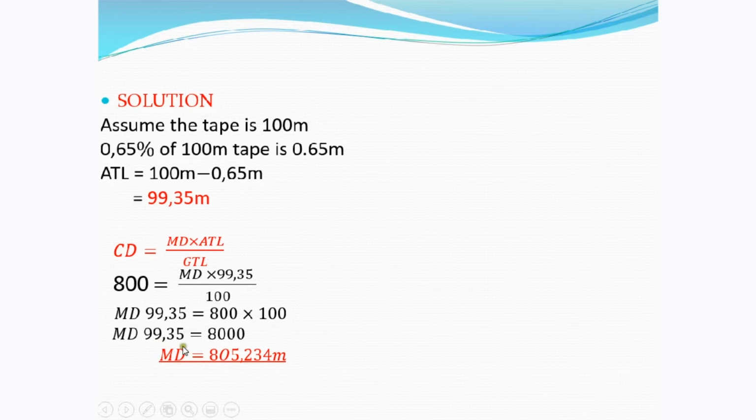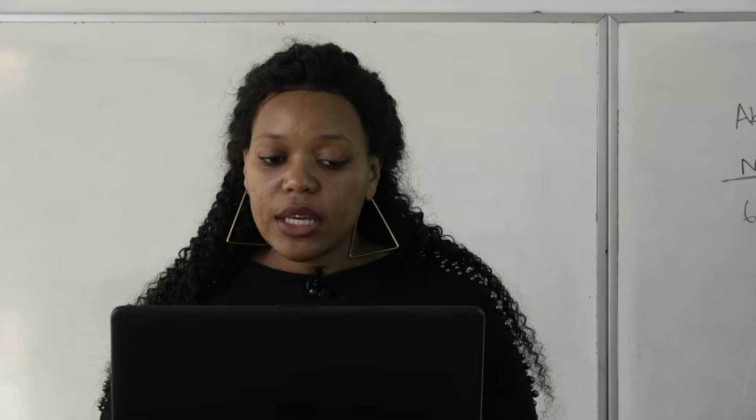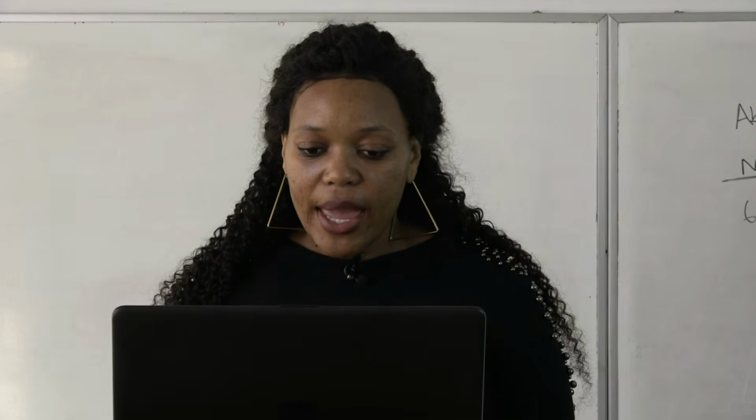So you need to divide on both sides by 99.35, so that we'll be left with the measured distance, because we are looking for the measured distance. So the measured distance should be the subject of the formula. Then we'll end up having 805.234 meters. This will be our answer for what? For the measured distance that was being required.